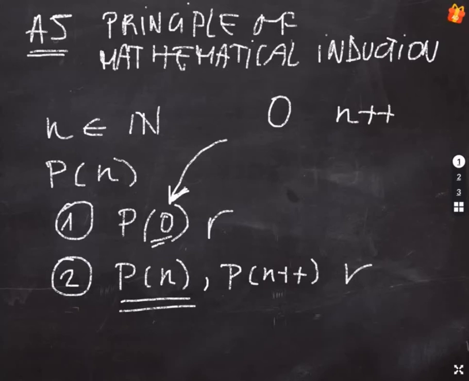So this axiom makes sense because if we can prove it for 0, we assume it for n, and we prove it for n plus plus, it must be true for every natural number n. And since you and I agree that it makes sense to assume this, the principle of mathematical induction is going to be an axiom.